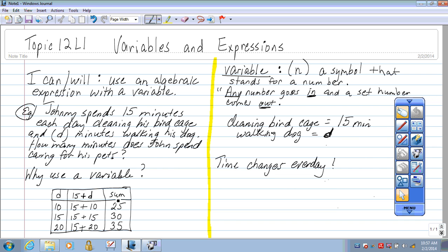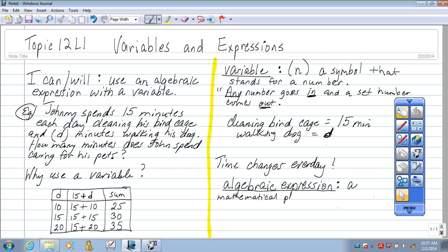Okay? So let's look at our second definition, algebraic expression. An algebraic expression is a mathematical phrase, and it's just like a sentence in math.